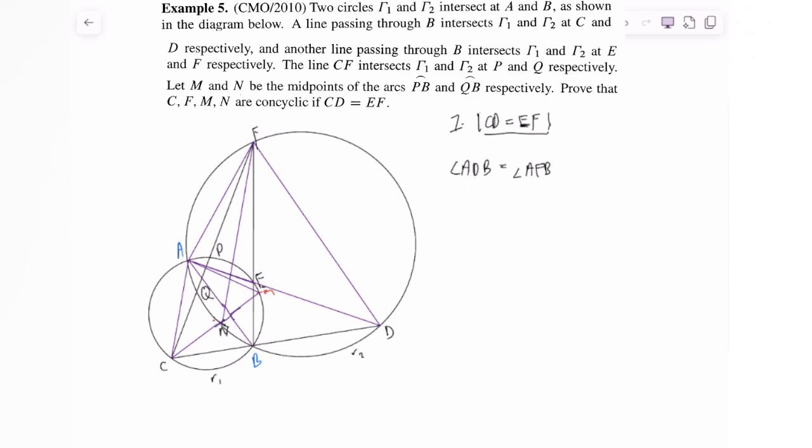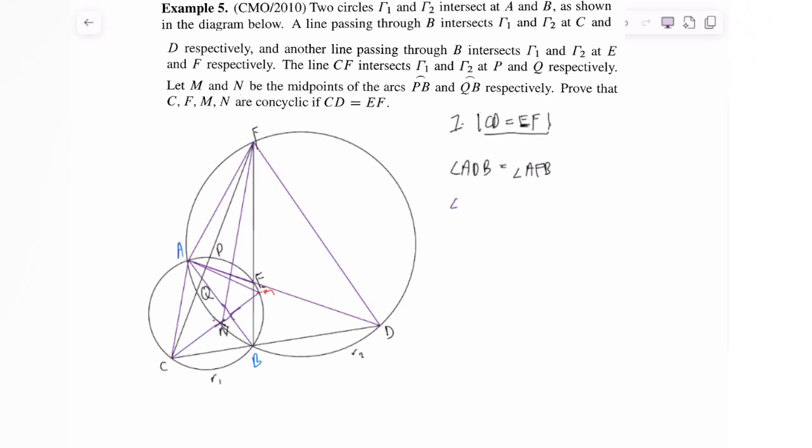So they're saying that ADB is equal to AFB because of this. Oops. Here, angles in the same segment. Okay.